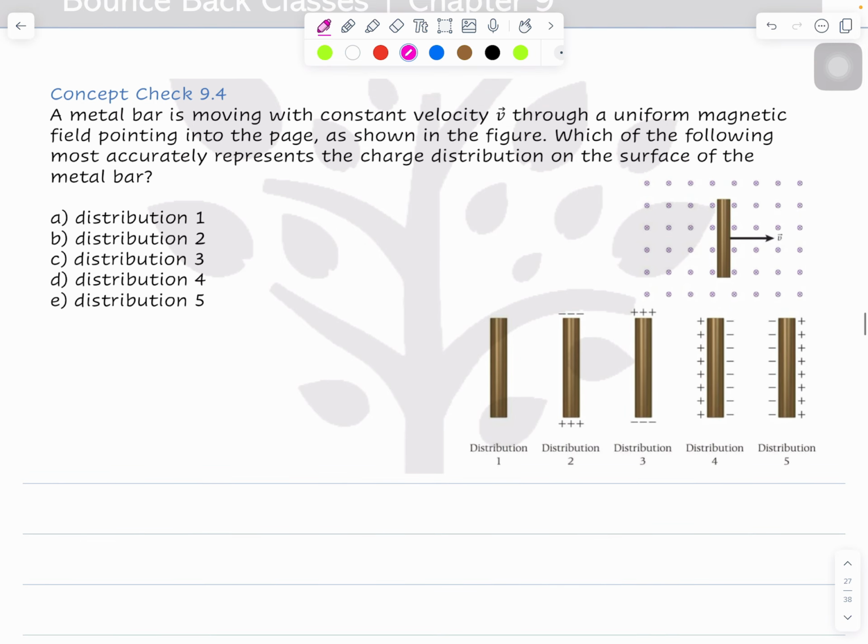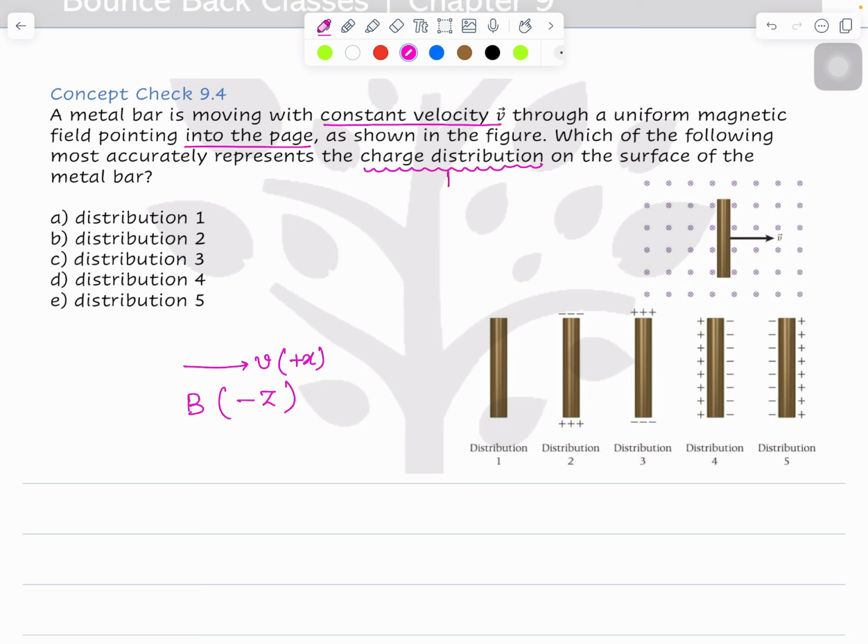Let's solve it. A metal bar is moving with a constant velocity, in this direction, through a uniform magnetic field pointing into the page. Into the page means V is along the positive x-axis, and the magnetic field is into the page. Can I say that is along the negative z-axis? As shown in the figure, which of the following most accurately represents the charge distribution?